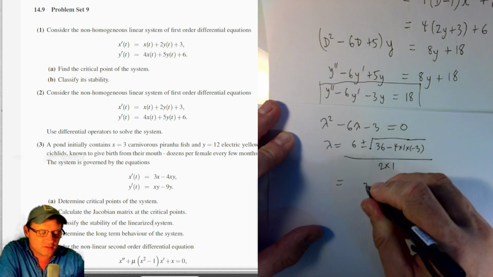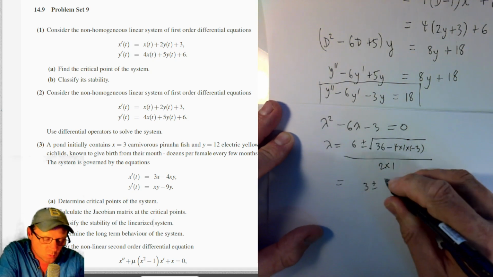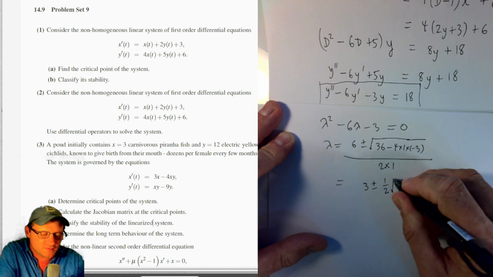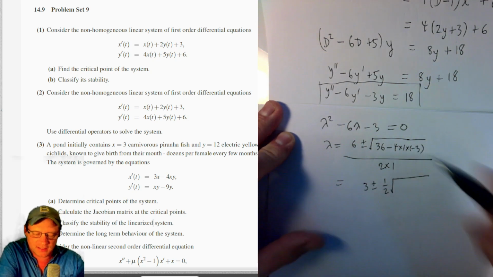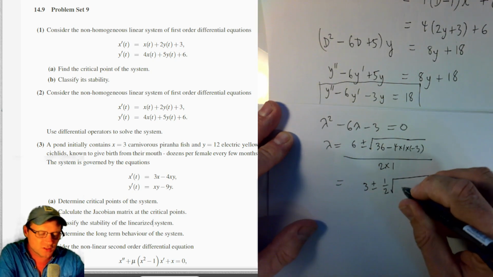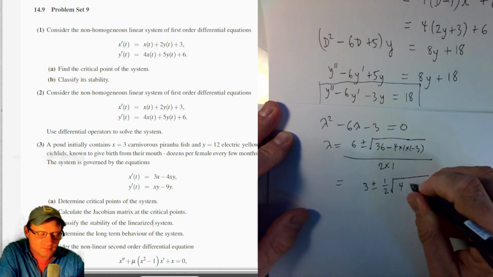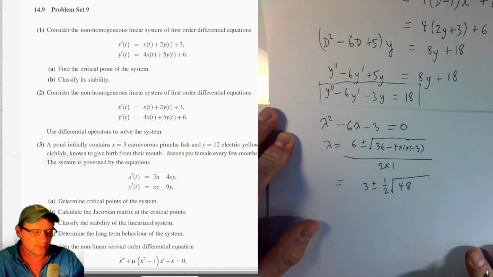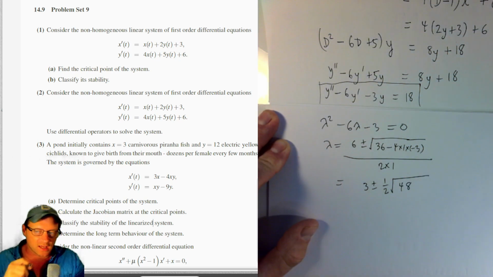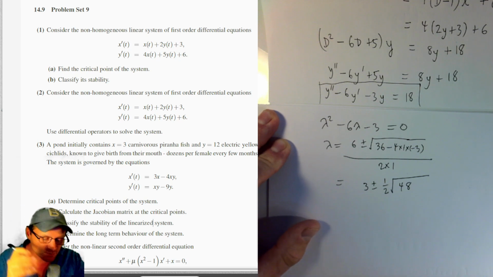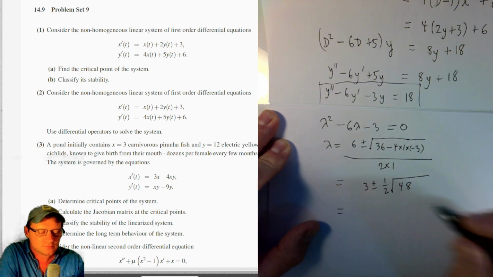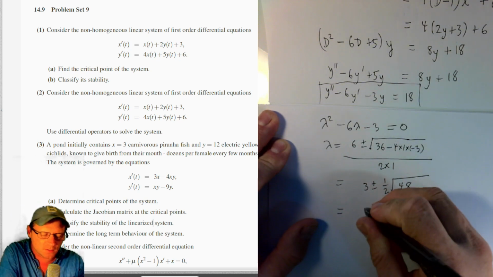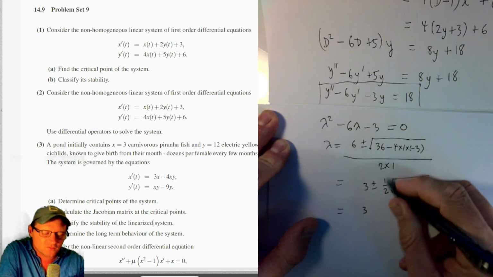So we have 3 plus or minus 1/2 of the square root of 36 and 12, which is 48. And 48 is 16 times 3. The square root of 16 is 4. 4 over 2 is 2.